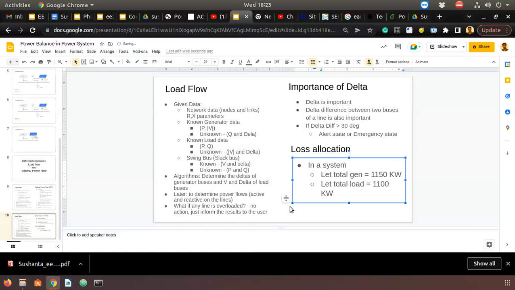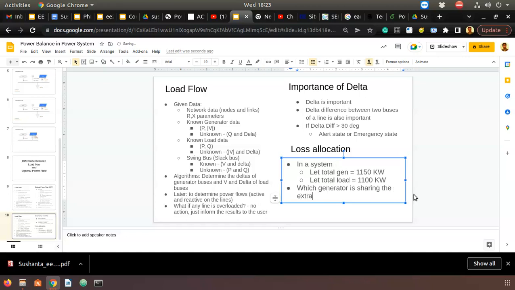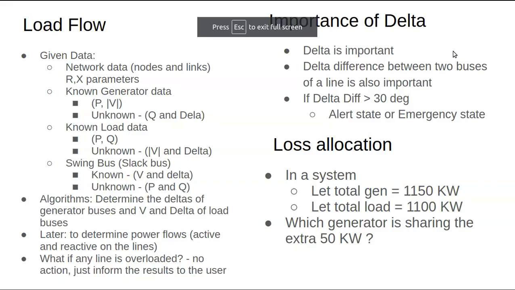So now the question you are asking is which generator is sharing the extra 50 kilowatt? Is this what you want to ask? That is the objective of the load flow. No, the load flow objective is not that.